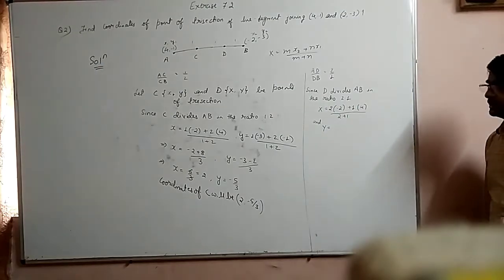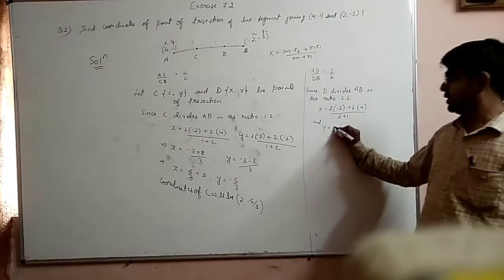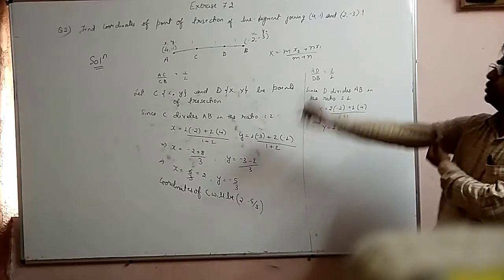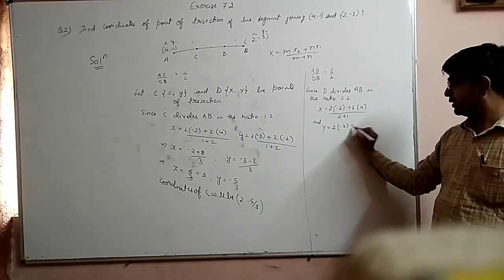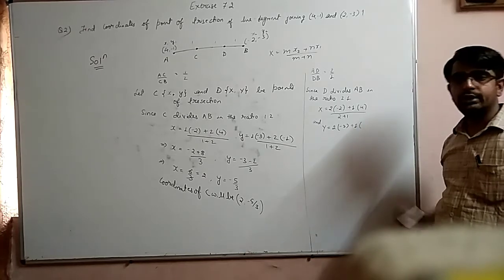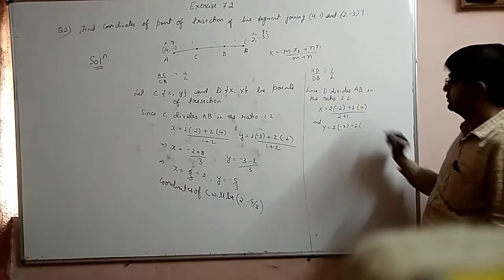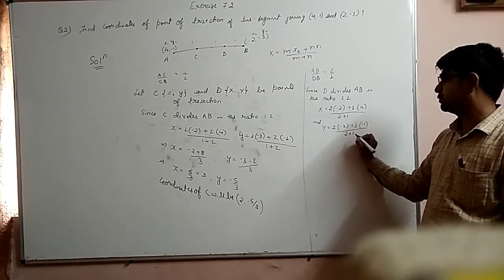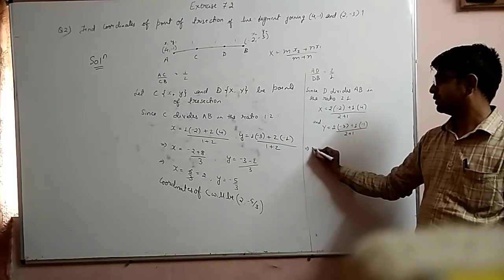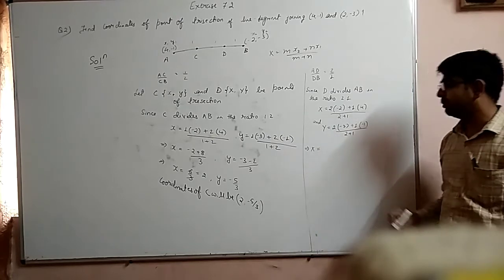What about y? M is 2. Now y2 is minus 3. Okay. N is 1 and y1 is minus 1. Over 2 plus 1. What will be x?